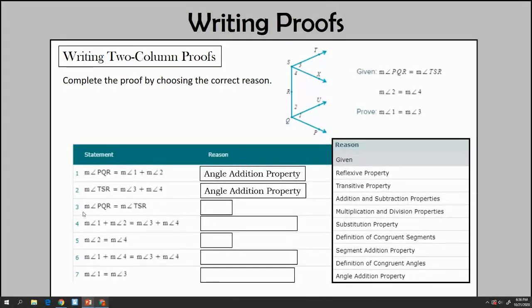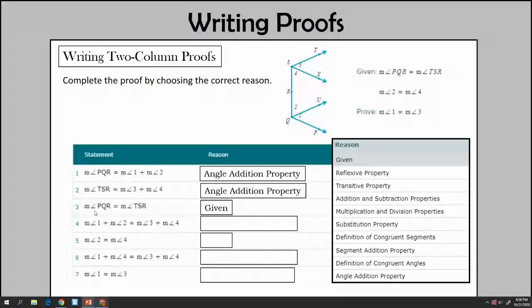Okay, the measure of angle PQR equals the measure of angle TSR. That's right up here in the given. Okay, next statement, very similar to the last proof. The reason that we entered this in now is because look what we have above. I have the measure of 1 plus the measure of angle 2 is equal to PQR.